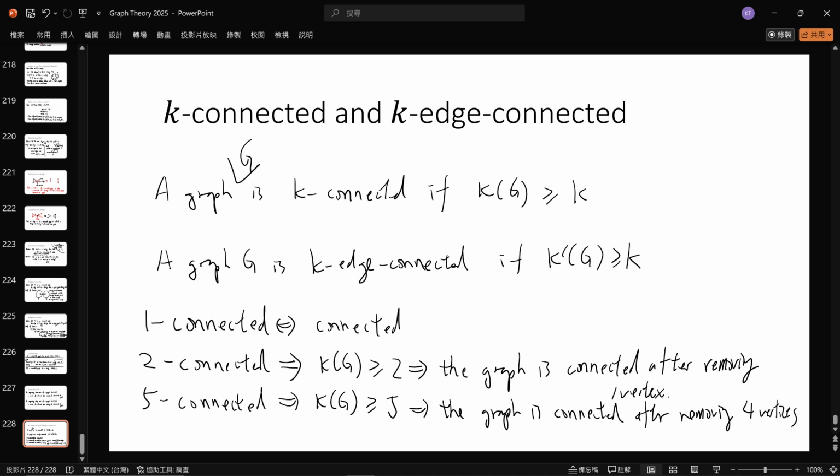So in general, if the graph is k-connected, this means no matter which k minus 1 vertices you remove, the graph will still be connected.